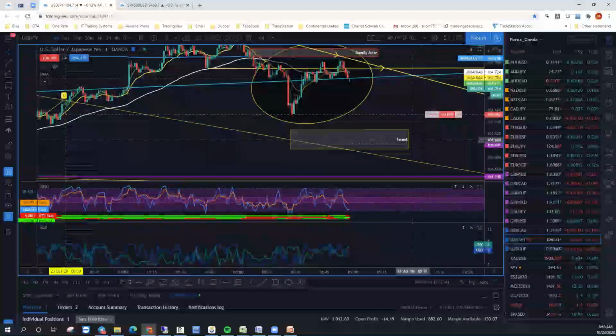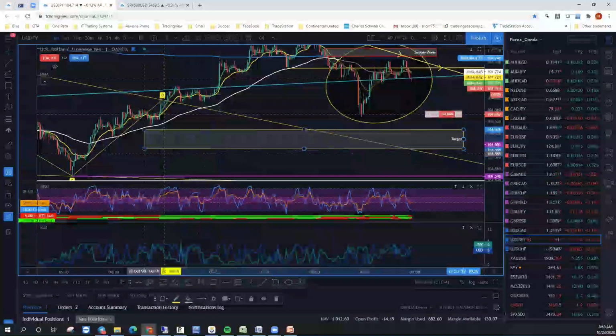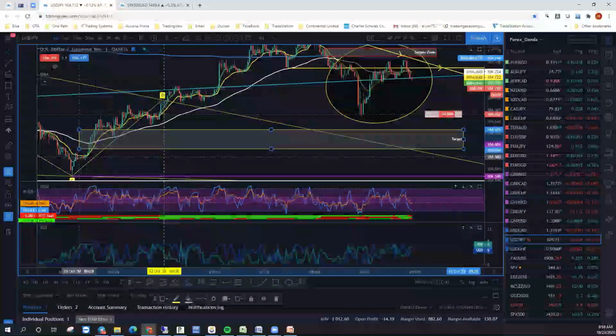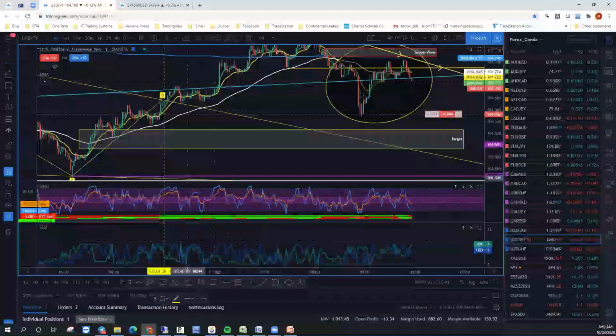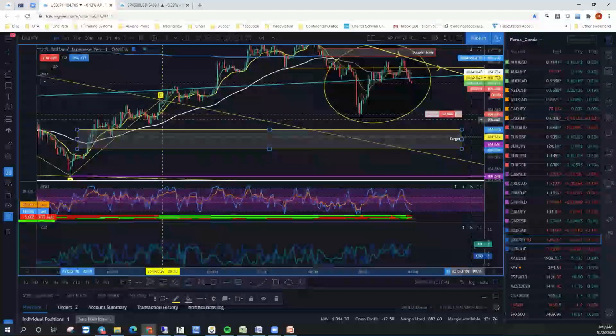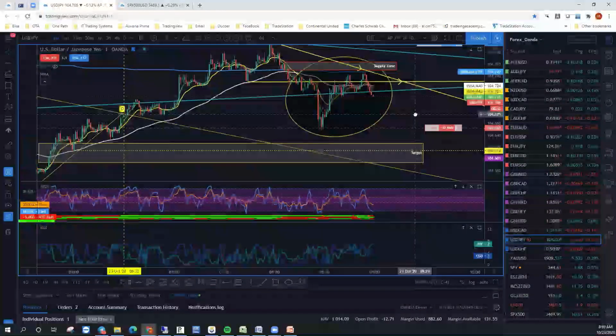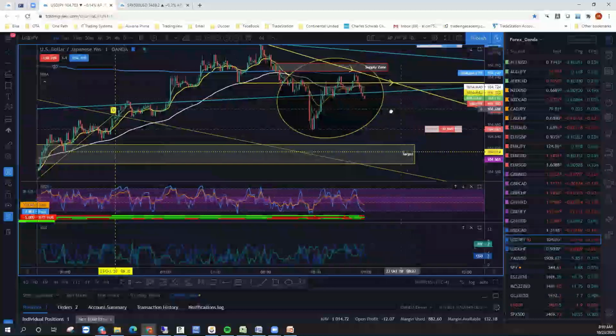I'm looking for the fast RSI that we're using. I think it's the 8 period, to come back up. And here would be that cross. I would have gotten in, except it was a, yeah.